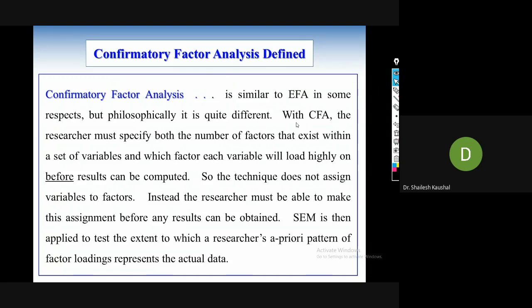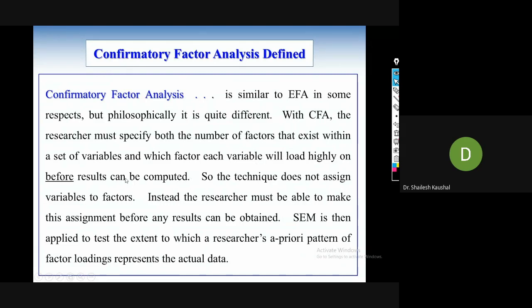We do not know, because the statistical value, meaning the factor loading values, decides: we retain those variables whose factor loading value is greater than 0.6.